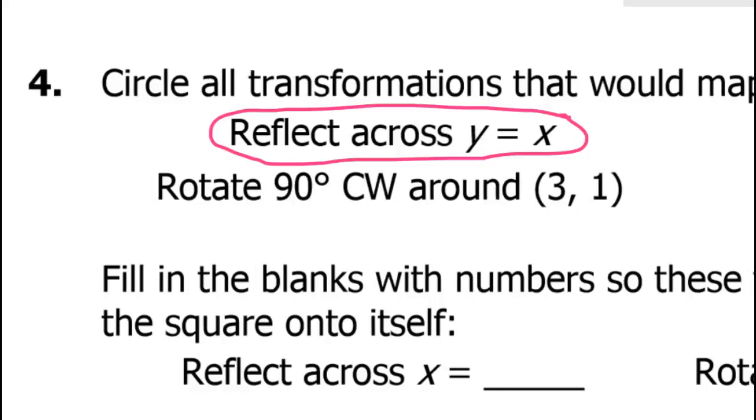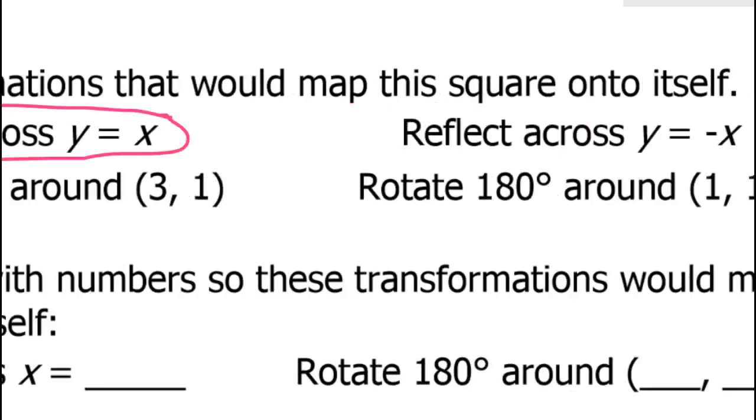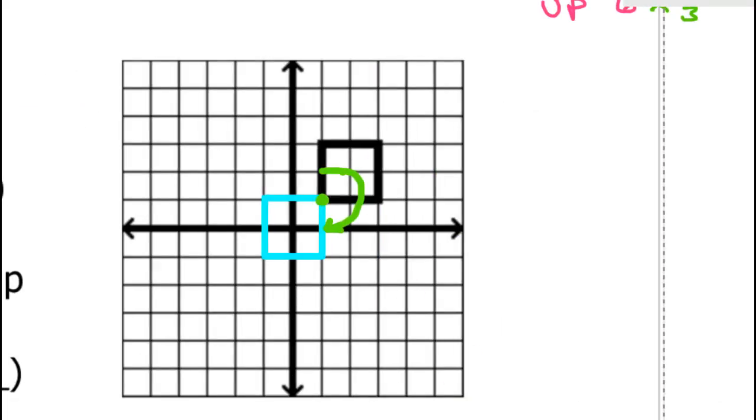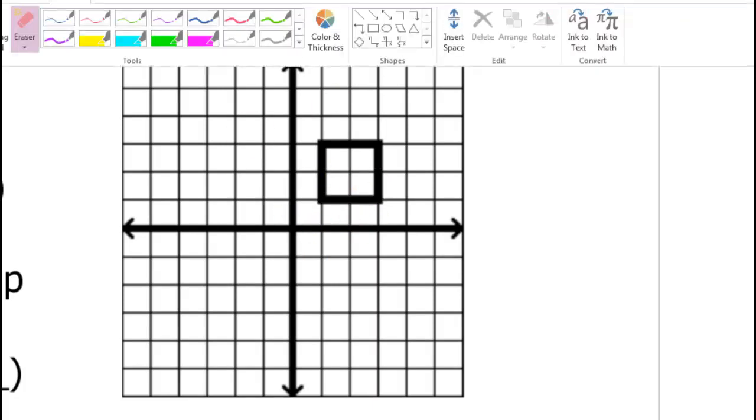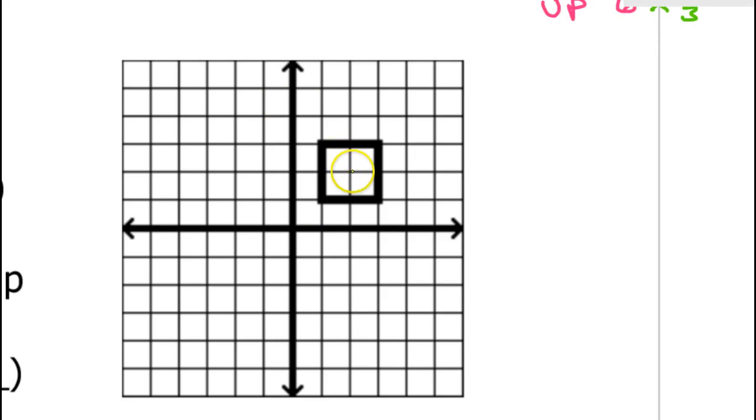So this first one, a reflection across the line y equals x, is the only one that would map the square onto itself. Now, they didn't put the following one on the list. If they had given any kind of rotation around the point 2, 2, whether it was 90 degrees or 180 degrees or 270 degrees, then it would map the square onto itself.